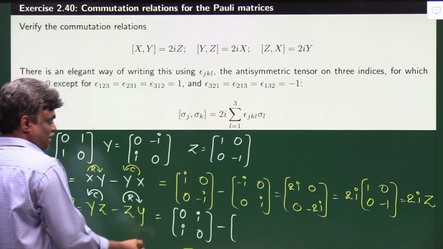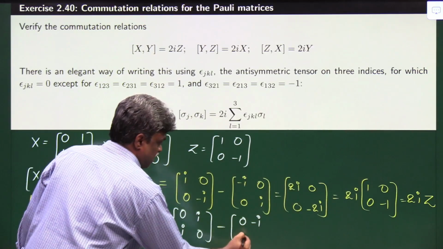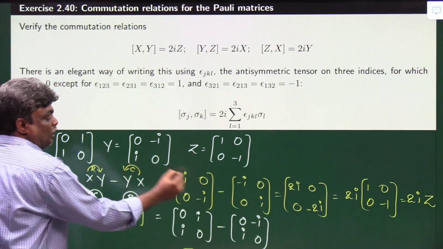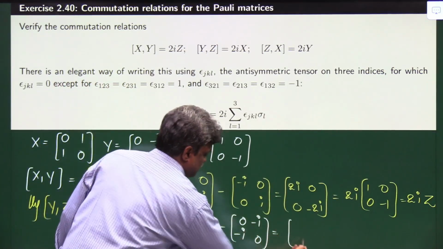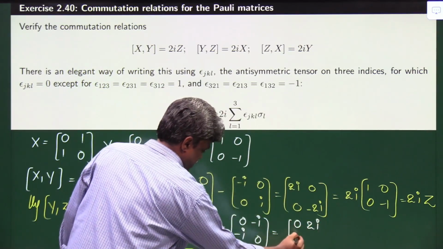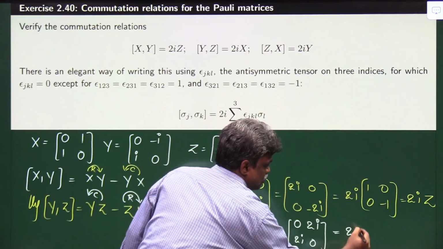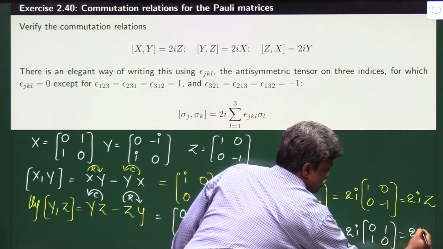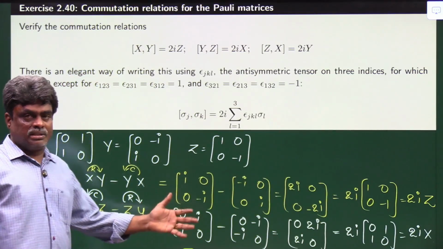So same Y, 0, minus iota, 0, but you have to multiply the second row with minus. This is a 0, no need. So directly you can write 0, 2 iota, and 2 iota, 0, which is nothing but 2 iota times 0, 1, 1, 0, which is 2 iota X. If you are not understanding, no need to worry, just directly multiply.